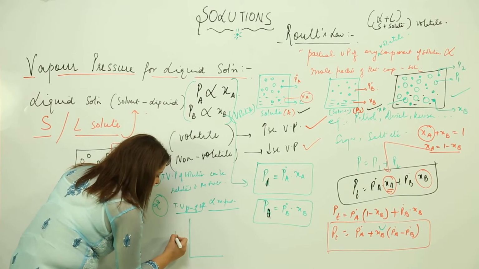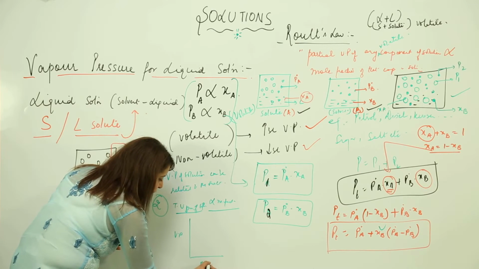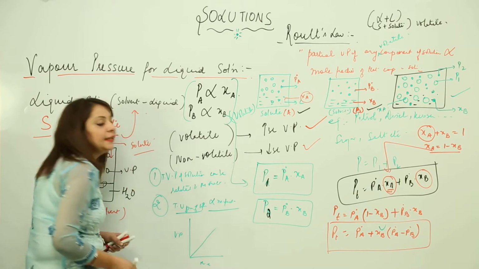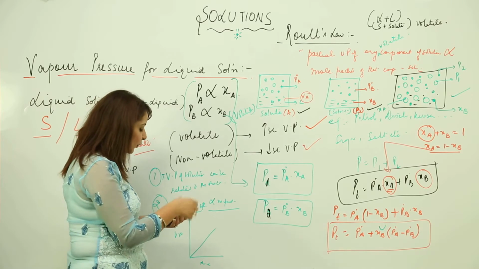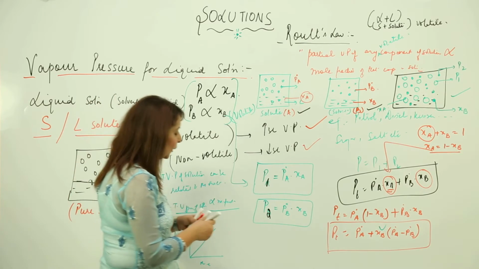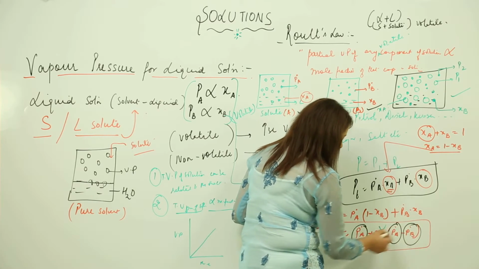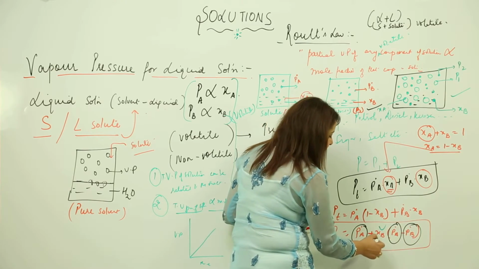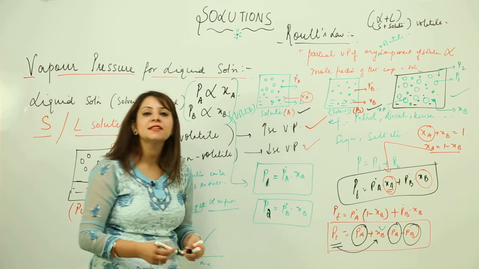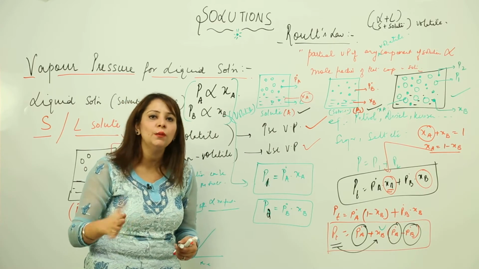That means suppose I have the vapor pressure of solution and the mole fraction, it varies linearly. So I am just going to explain it graphically. As you can see, P naught A is constant, P naught B is constant, so obviously total P is just related to the mole fraction. So we can say it is directly proportional to the mole fraction of any one of the components.